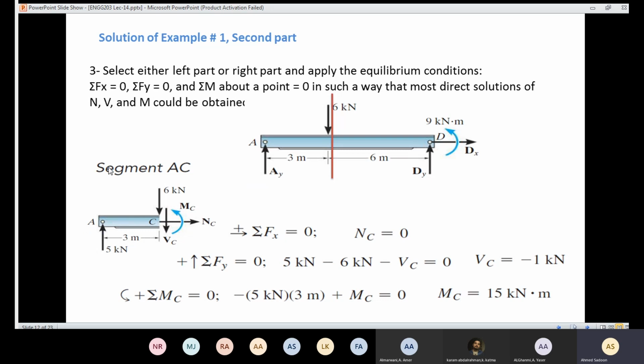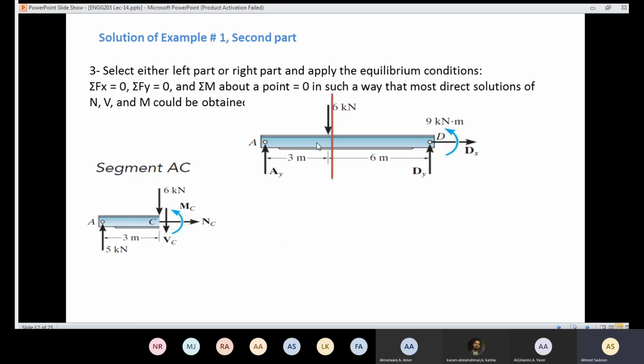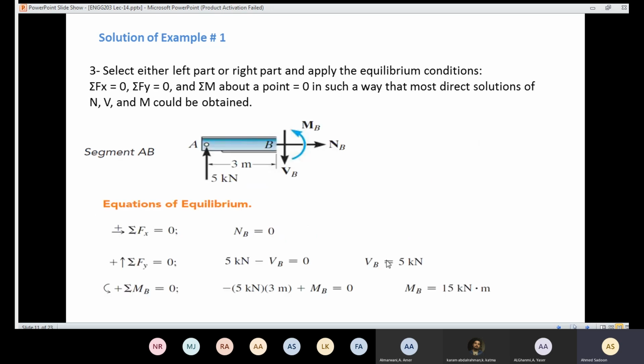If you compare the segment AC and the segment AB, you are going to find the difference in the value of VC, the shear force, because here 6 kilonewtons is going to change the value of the shear. In the previous segment, the value came out to be 5.